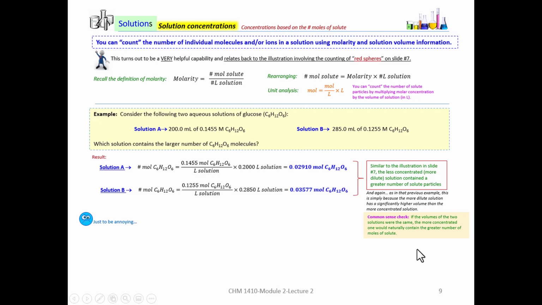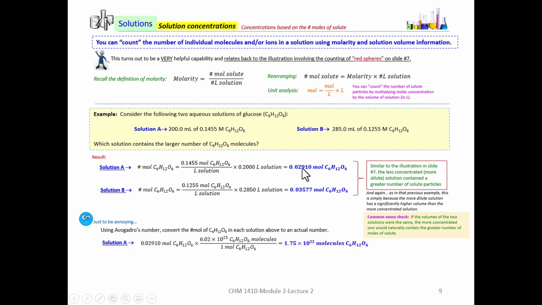Now, just to be annoying, we could use Avogadro's number and convert the number of moles of glucose in each solution to an actual number. Here's what I mean. In solution A, we know there's 0.02910 moles of glucose, and we can use Avogadro's number to convert this to the actual number of molecules of glucose, 1.75 times 10 to the 22nd molecules of glucose.